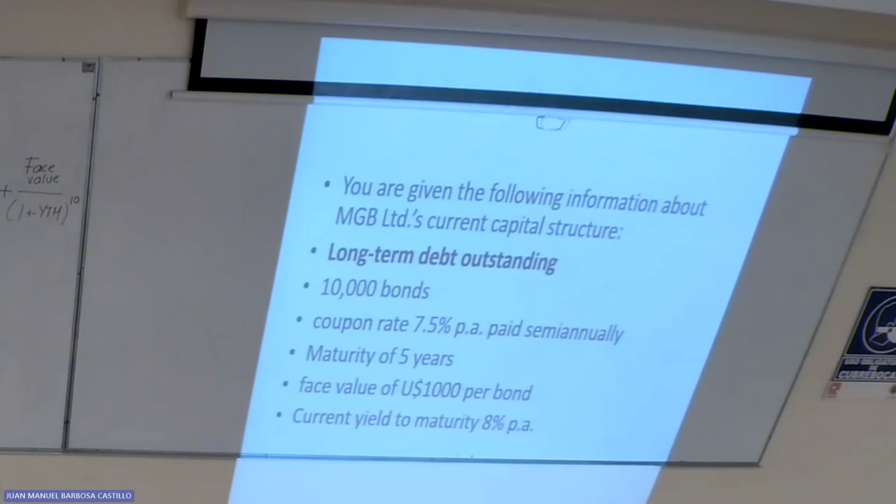Did you all agree? The price of the bond is the sum of the present value of 10 coupons plus the present value of the face value. Do we all agree? Okay. So coupon rate equals? 7.5%.